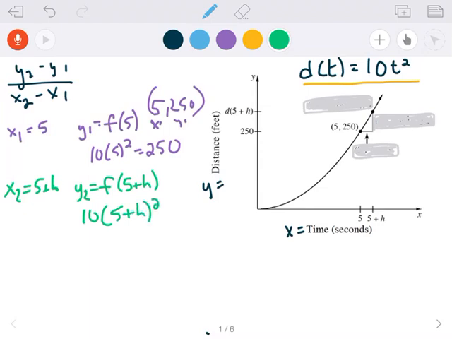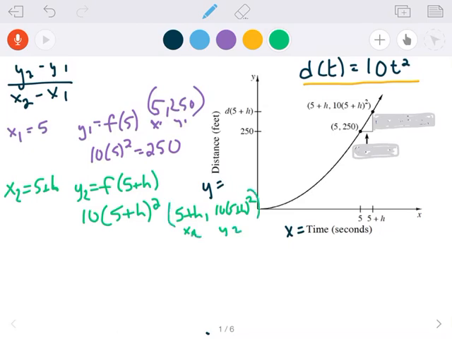Now we could evaluate that to be a single number, but you'll see that we've now written our second ordered pair: 5 plus h is our x2, and 10 times 5 plus h squared is our y2.